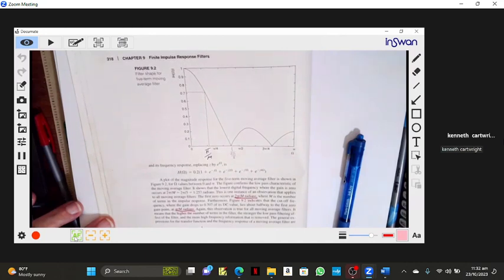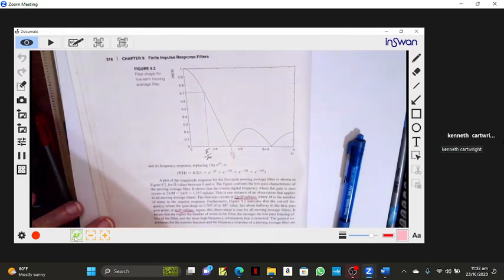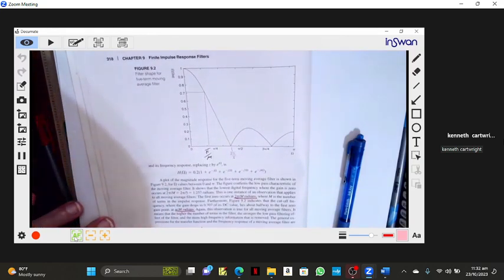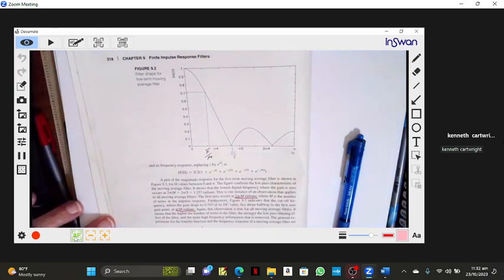No, that's not the definition of cutoff frequency. Because if that's the case, where does this filter start to descend? I see a whole bunch of places where it's starting to descend.